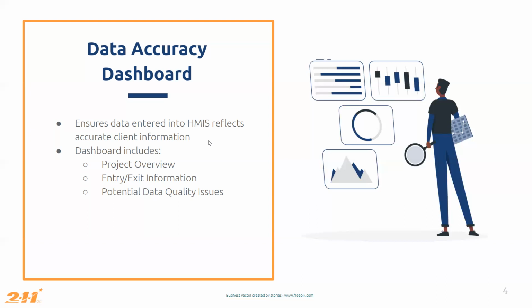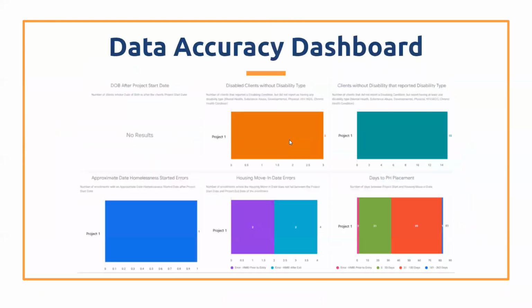So it's a lot of different pieces of data quality that you can look at to help ensure your data is accurate. So this is just a sample of the full dashboard. There's a lot of data in there, so I highly recommend going into HMIS and running it for your projects. But this is just a sample.